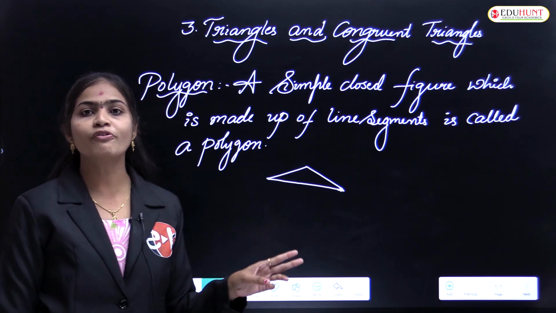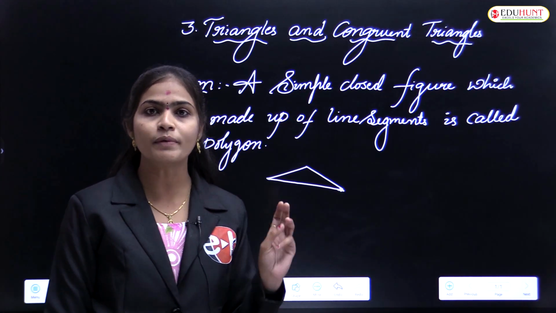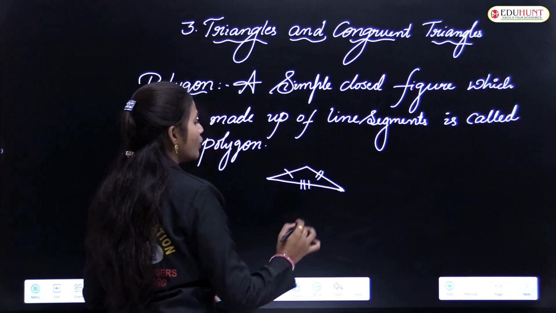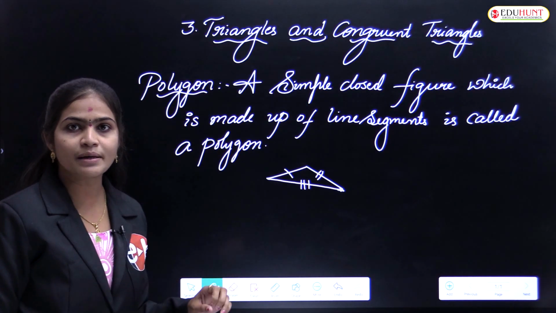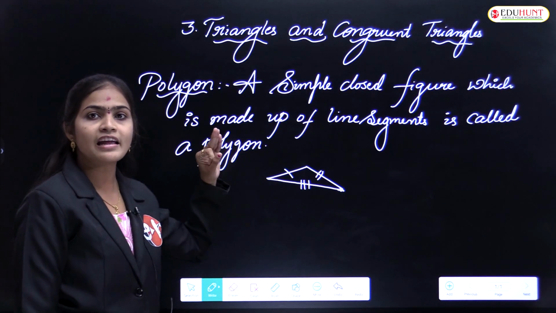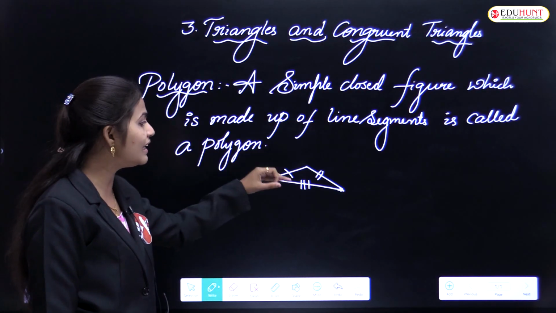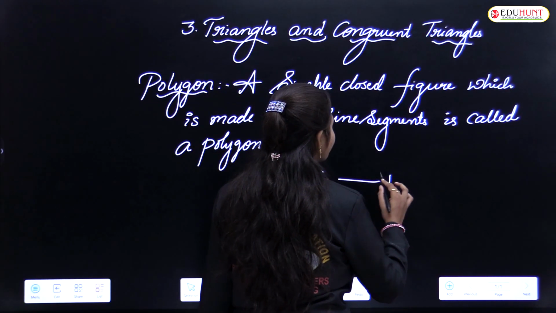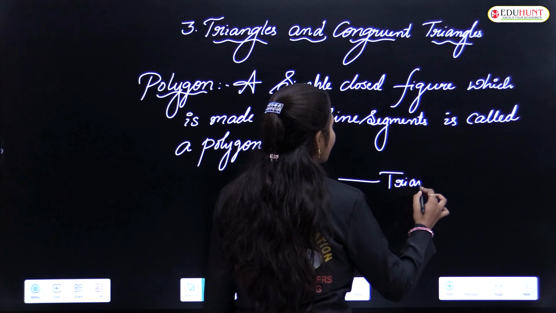So the minimum number of line segments required to form a polygon is 3. 1, 2, 3. A figure which has 3 line segments, we will call that figure a triangle.